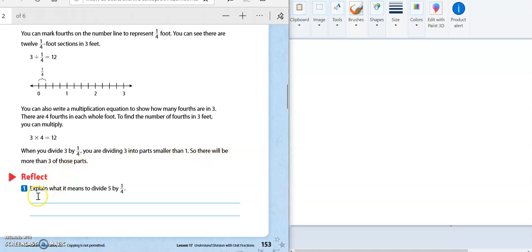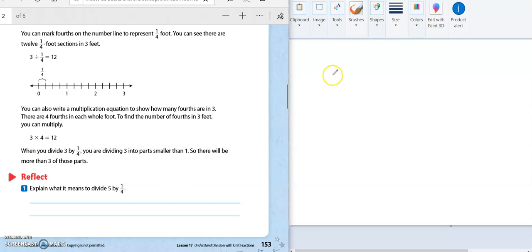So with our reflection, it says, explain what it means to divide 5 by 1/4. So our answer to that is it means finding out how many fourths there are in 5 wholes.